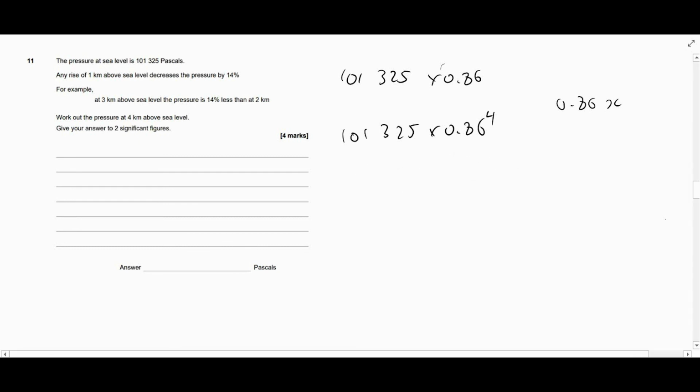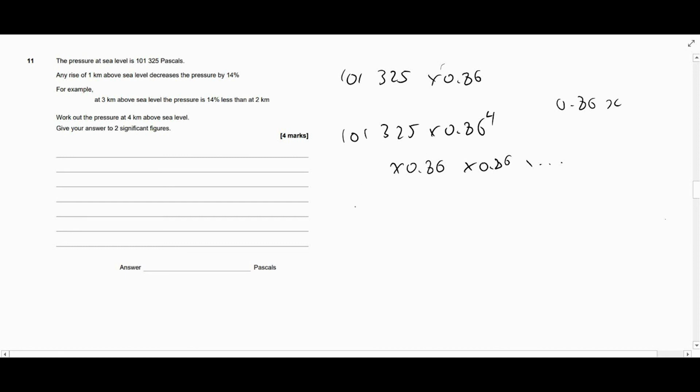What this really means is 101,325 times 0.86, and then again times 0.86, and so on, however many times the power is. We go up 1 kilometer, 0.86. Whatever that value is, we multiply that by 0.86, and so on.